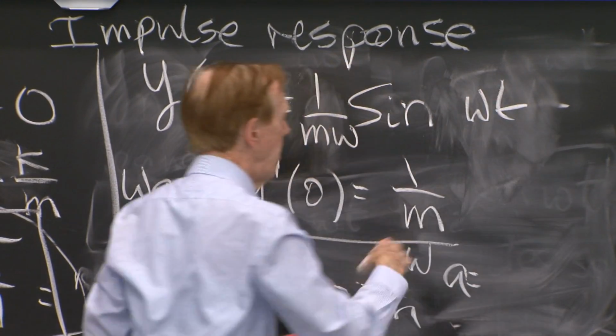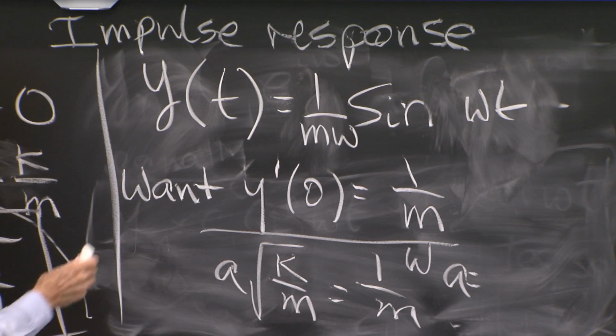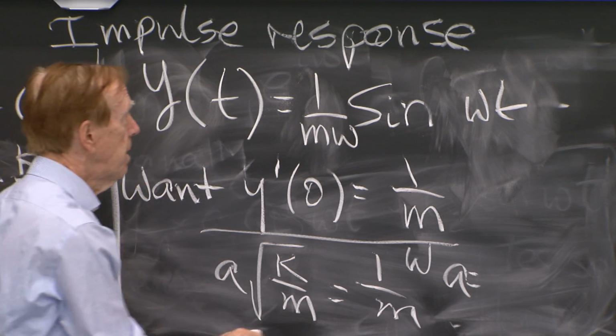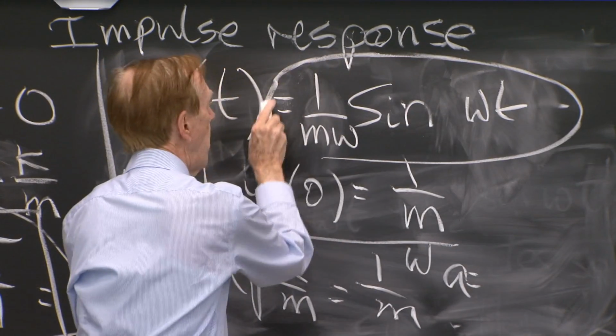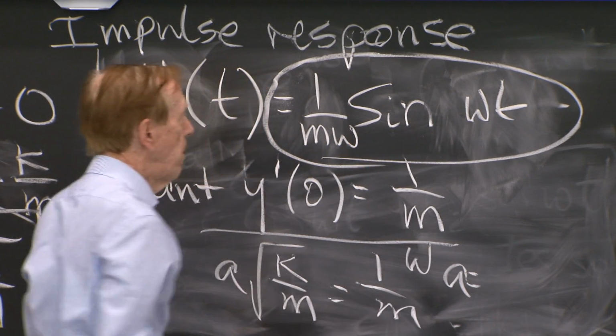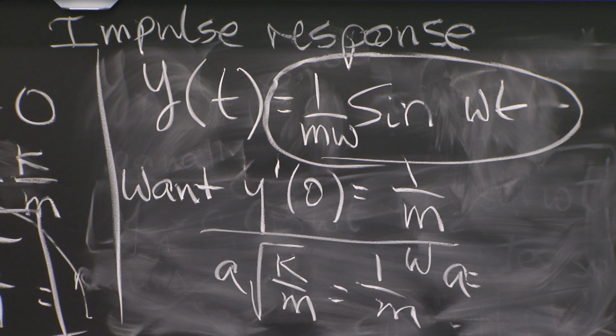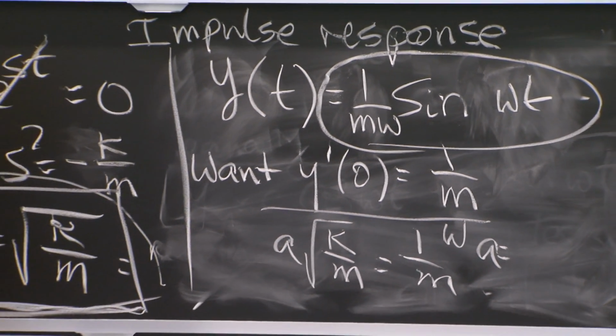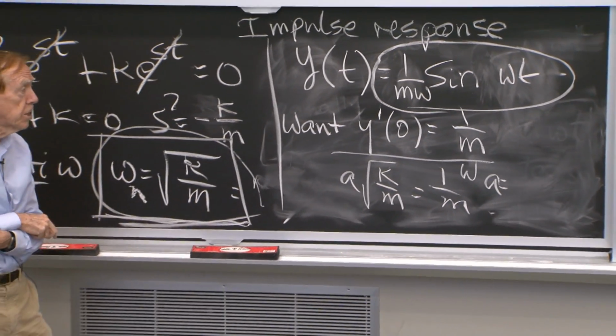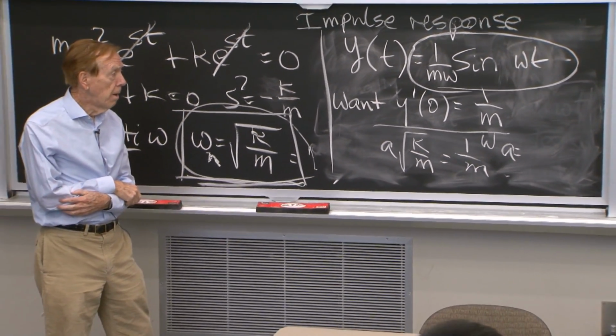Sorry, I'm erasing stuff, but this is the formula I'm after: sine omega t over omega. I think we're good, are we? Yep.